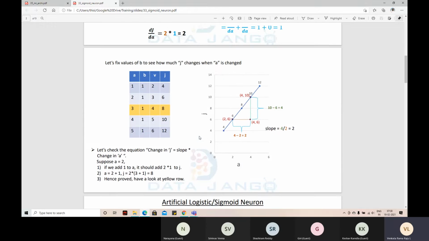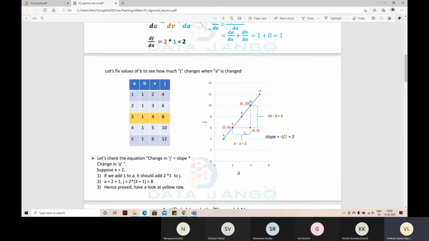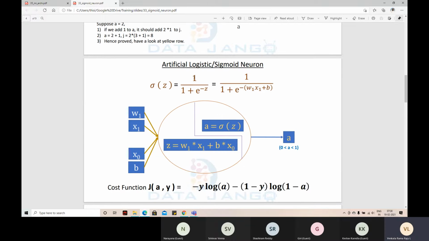Simple chain rule. Same thing I tried to show in a diagram here. This is a sigmoid neuron. When I say sigmoid neuron, the output is going to be between 0 and 1. In yesterday's example, I took 0 or 1 to show you how exactly the neural network works. It is trying to adjust the weights in such a way that the output is generated.